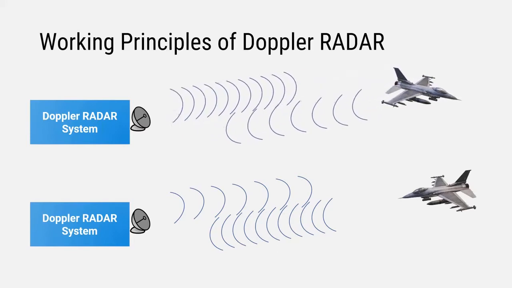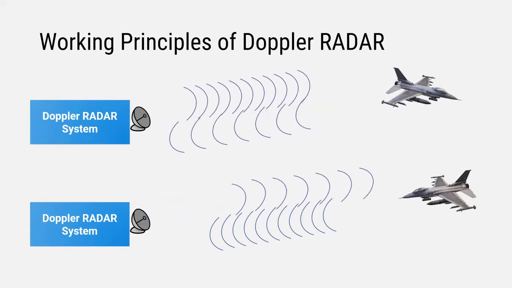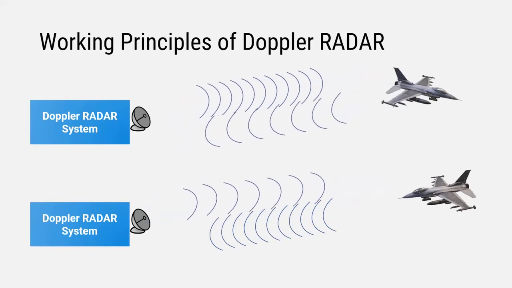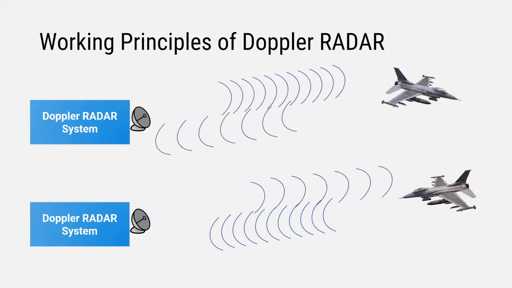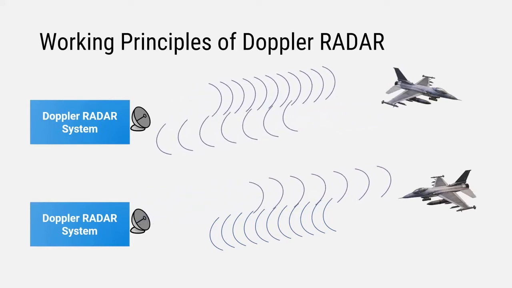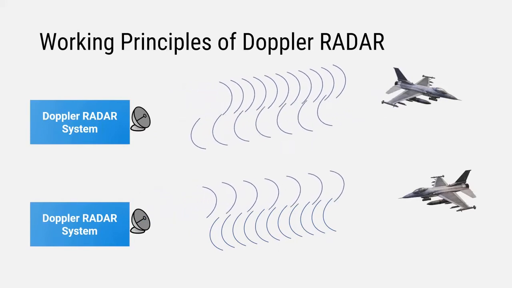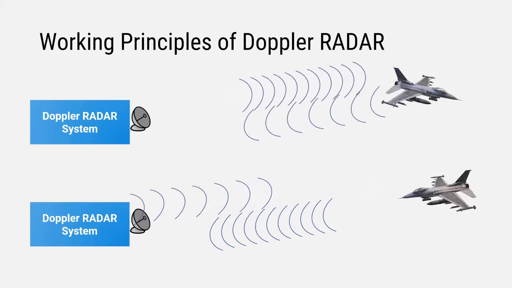In that case, the reflected wave's frequency is going to be reduced by the Doppler frequency. The target moving away from the radar system is going to consume some energy, which is responsible for the reduction in the frequency of the received signal. So this is with respect to the first case.